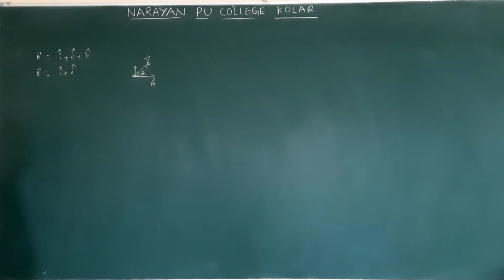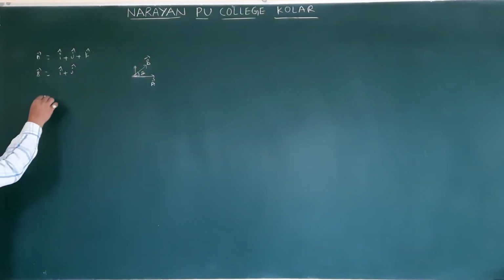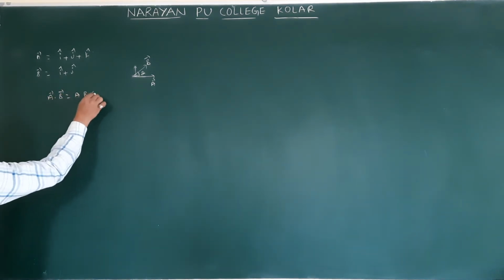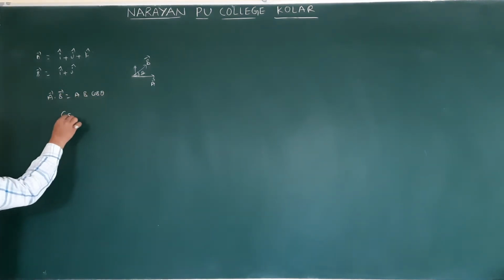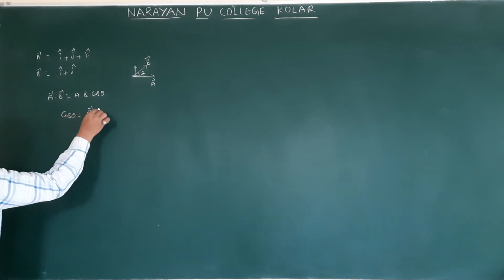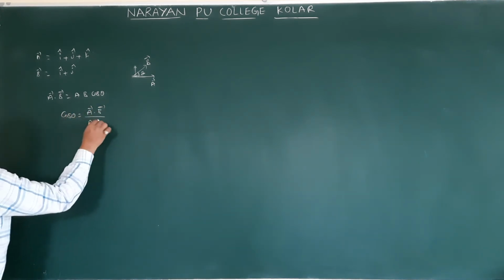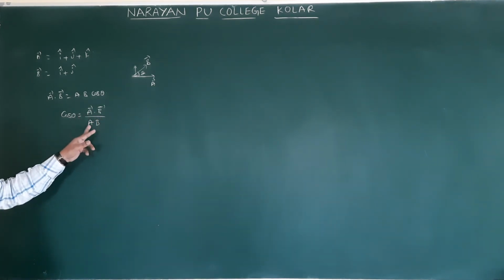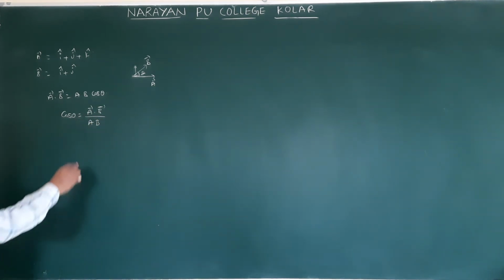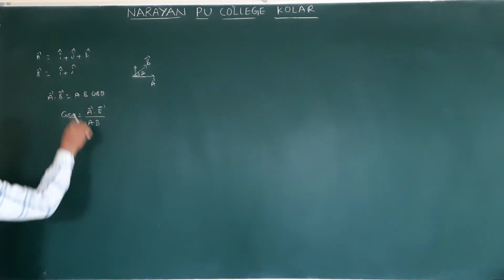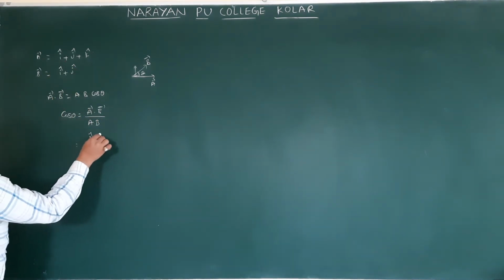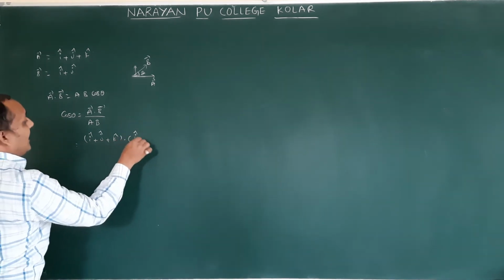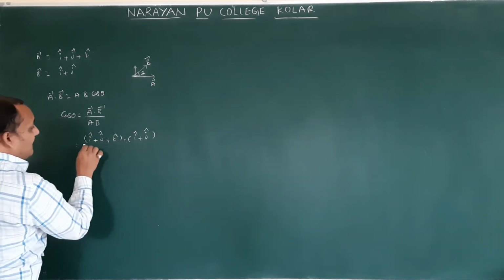How much angle theta means we will apply the dot product. A bar dot B bar is equal to AB cos theta. Then cos theta is equal to A bar dot B bar by AB. A bar, B bar are vectors; A and B are magnitudes. Therefore, A bar is i cap plus j cap plus k cap dot i cap plus j cap.